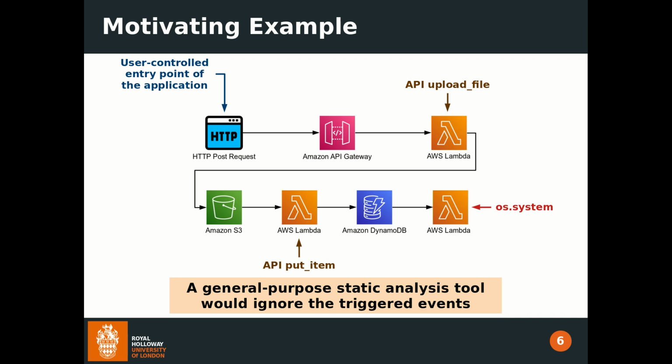The key observation here is that a general-purpose static analysis tool wouldn't be able to detect this vulnerability because it wouldn't consider the effect of the triggered events. This explains why we are working on a new static analysis framework to detect security-sensitive data flows.